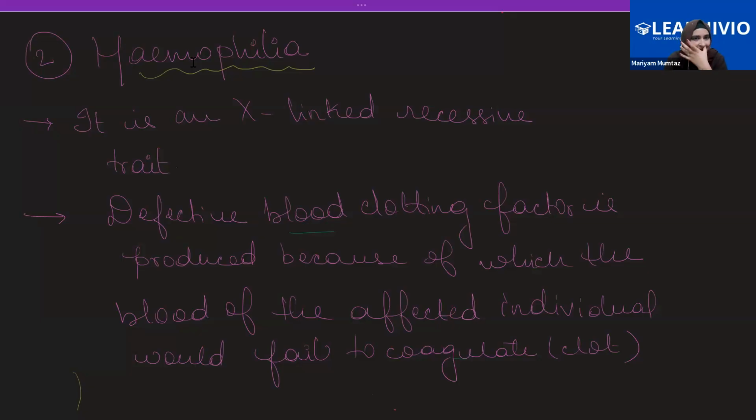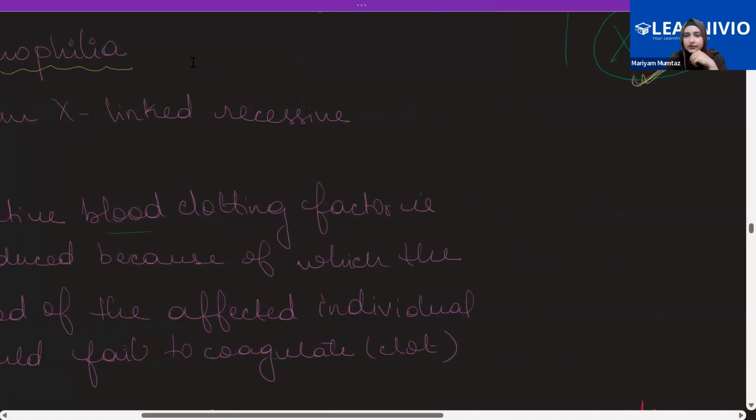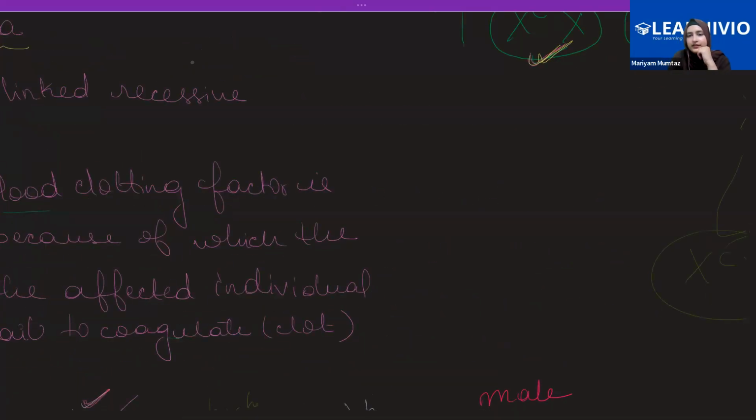Now, when a person has hemophilia, that person has trouble in blood clotting because they have a defective blood clotting factor. Do you know hemoglobin is written as HB?